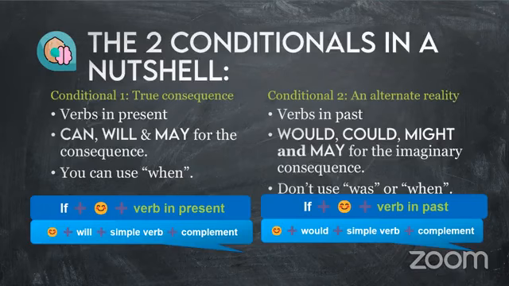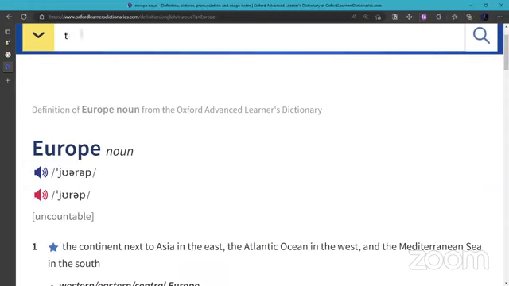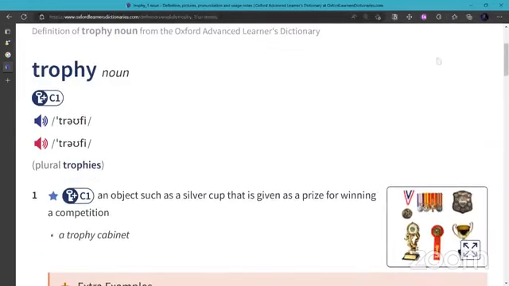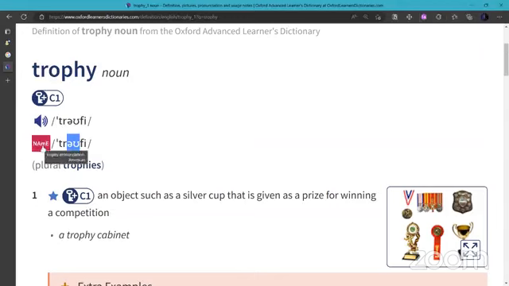How do you say trofeo? Oh, that is pronunciation. Trophy. Trophy. Exactly.